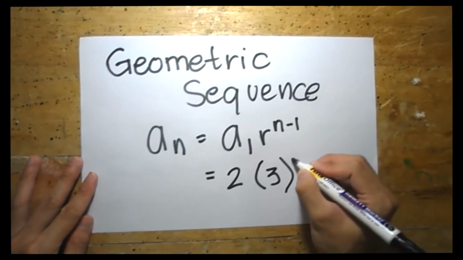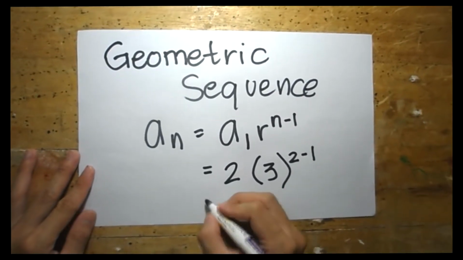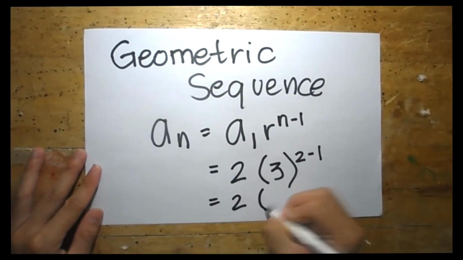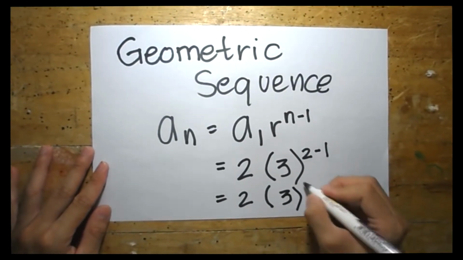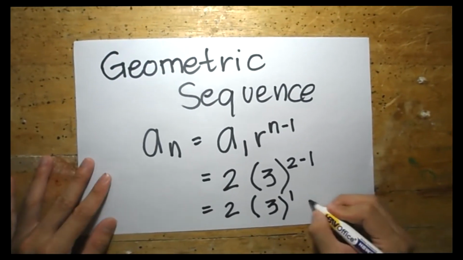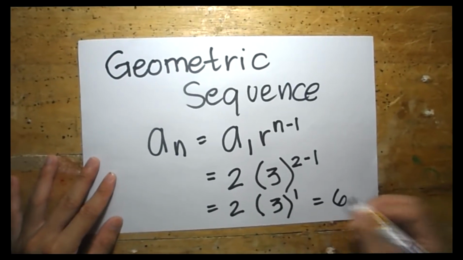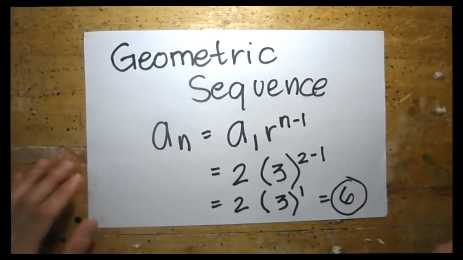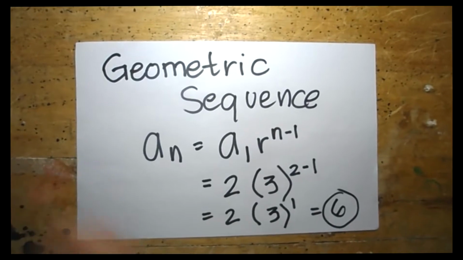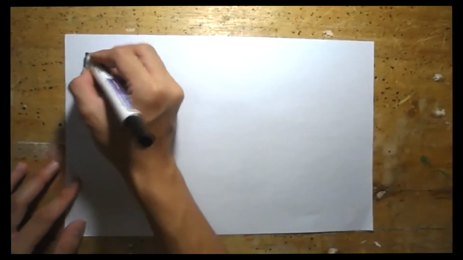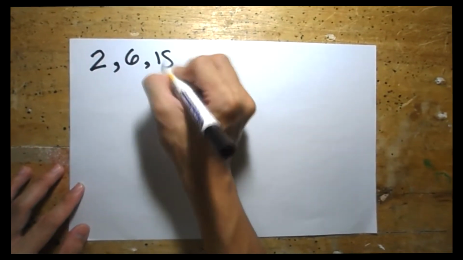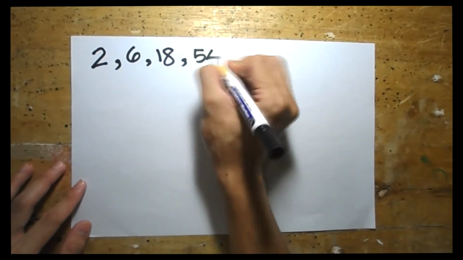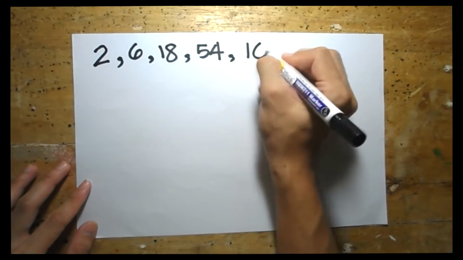Next, to get the second term, you multiply the first term, which is 2, by the common ratio 3, which is equal to 6. Repeat the process until the fifth term. Therefore, the first 5 terms are 2, 6, 18, 54, and 162.